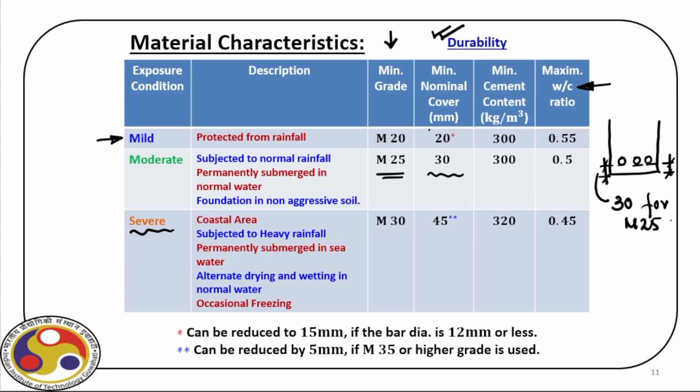For example, if we use M20 concrete, then if the diameter of the bar is 12 millimeter or less, we can reduce this clear cover to 15 millimeter. Likewise, there are some other guidelines also. When this will be necessary, I will update you accordingly. So let us move on for the time being. We'll come to this point when we take some design example.